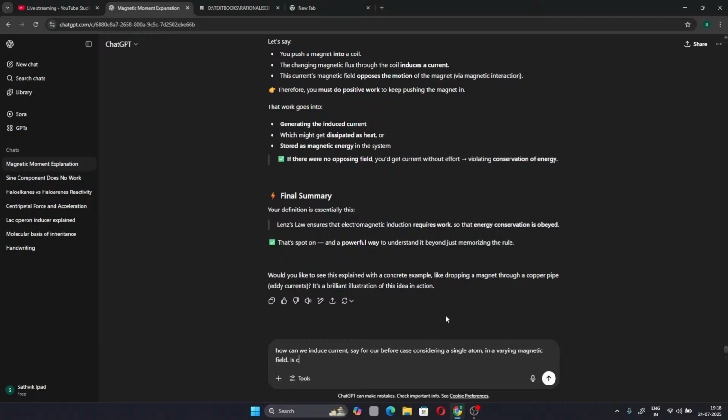Is current induced by speeding up the electrons?